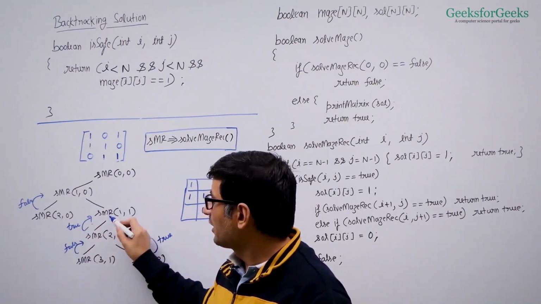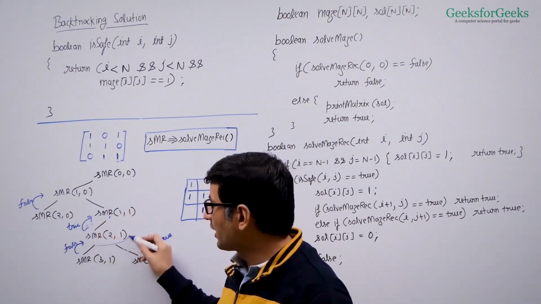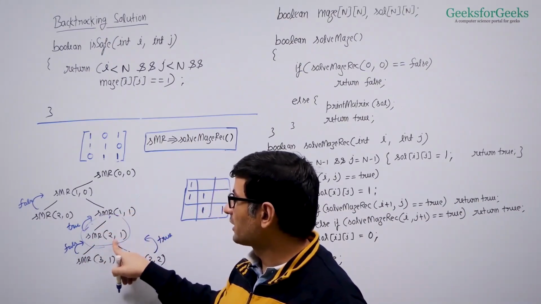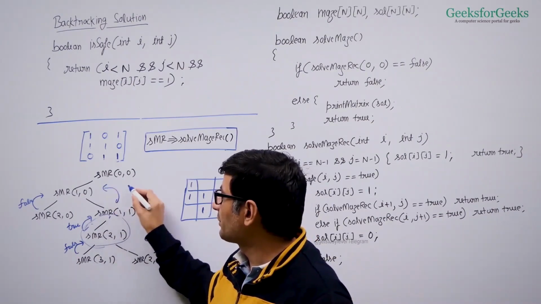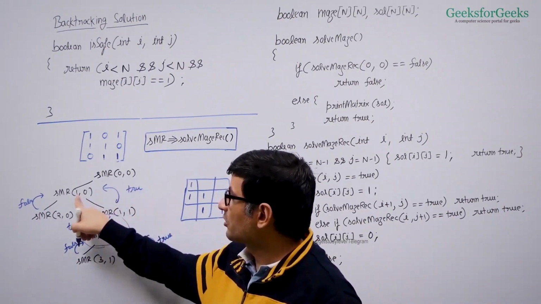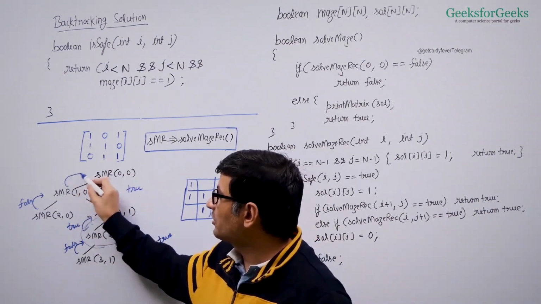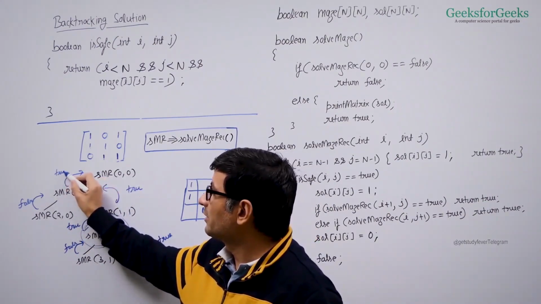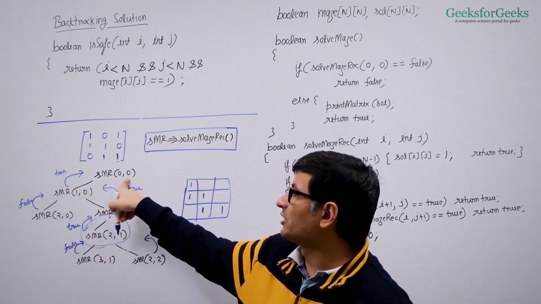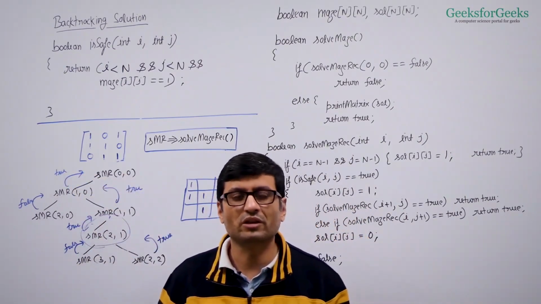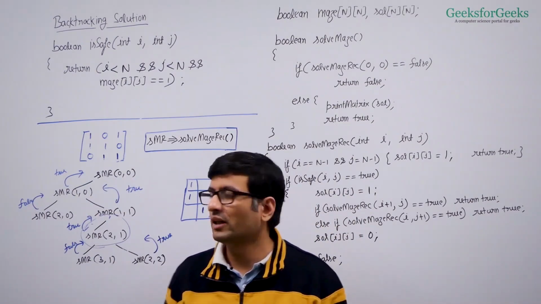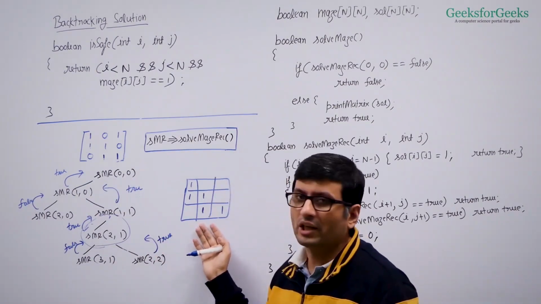And this parent again finds a return value true from its call, so this also returns true to its parent. And this call has found a return value as true from the right call, so this also returns true to the parent. And finally, this also returns true to the main function. So we return true as the overall output, and our solution matrix is also appropriately updated.